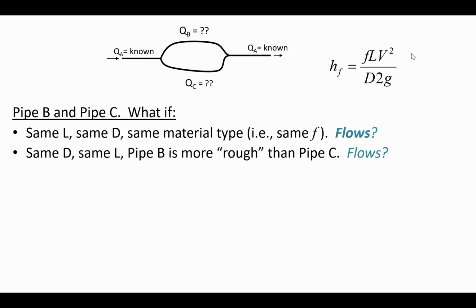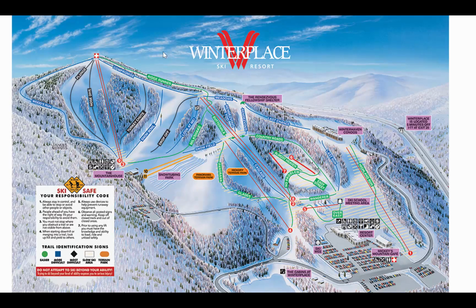And how much? Well, you just calculate the losses with this Darcy-Weisbach equation. And the same amount of loss occurs through pipe C. Even though it's a different flow rate, the same amount of loss occurs, because you can't end up at a different energy level. Just like here, it would be impossible to go down Woods Run, get to the mountain house, and be at a different elevation as somebody who had gone through Nosedive.